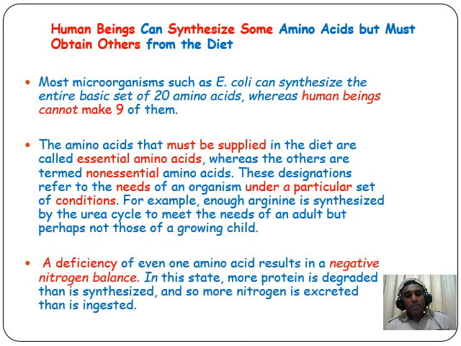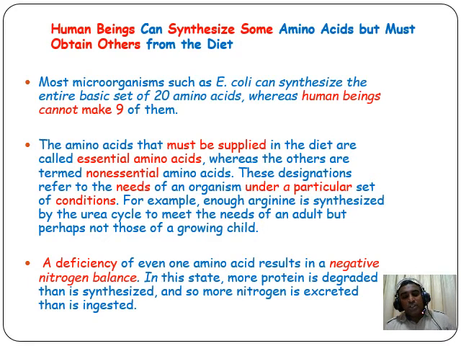Those that cannot be made within the body and are required to be obtained from the diet are classified as essential amino acids. And apart from essential and non-essential, there's also something referred to as conditional amino acid.